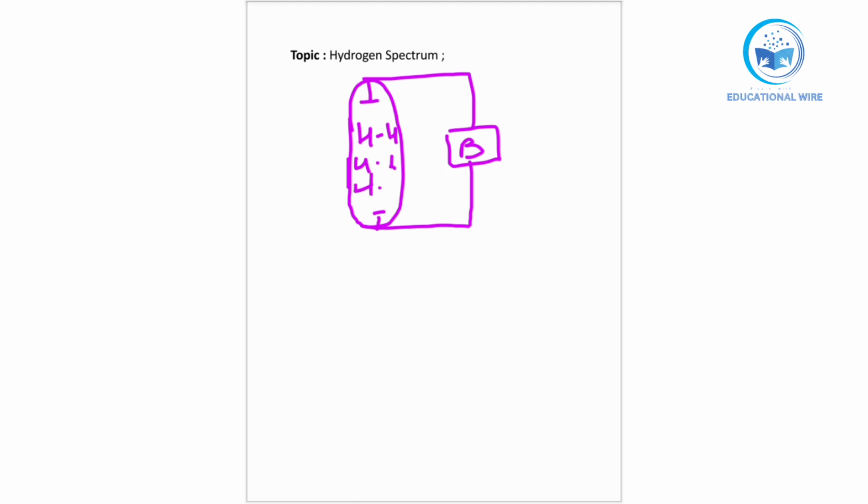We are having hydrogens over here. What we will do is, this battery produces an electrical discharge, and that discharge breaks down these hydrogens into a number of molecules.